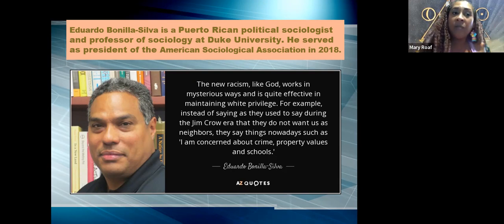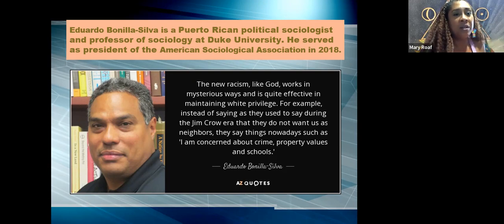Eduardo Bonilla Silva is from Puerto Rico. He would be considered Afro-Latinx, or a Latinx individual who has phenotypic, or physical, features, skin color, hair texture, that denote him as clearly, I mean, he's mixed and he has clear features that show that he is of African descent, and that's showing up physically.